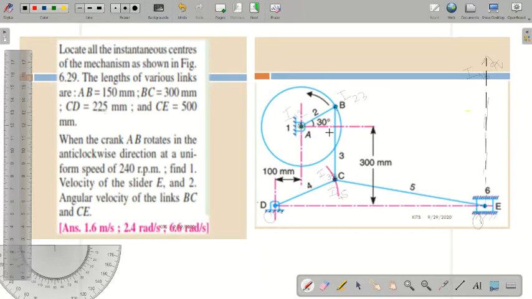See the other centers, I have marked exact points. I 23 will be here only. I 12 will be here only. I 14 will be here only. I 34 will be here only. I 45 will be here only. But I 16 will be along this line at any point. So put just a straight dotted line and put an arrow mark.